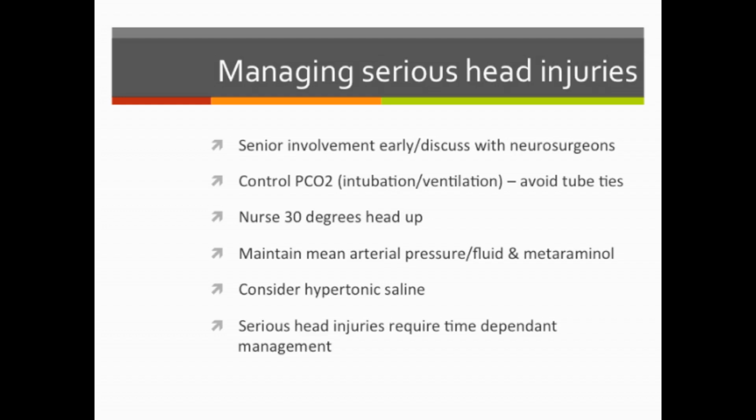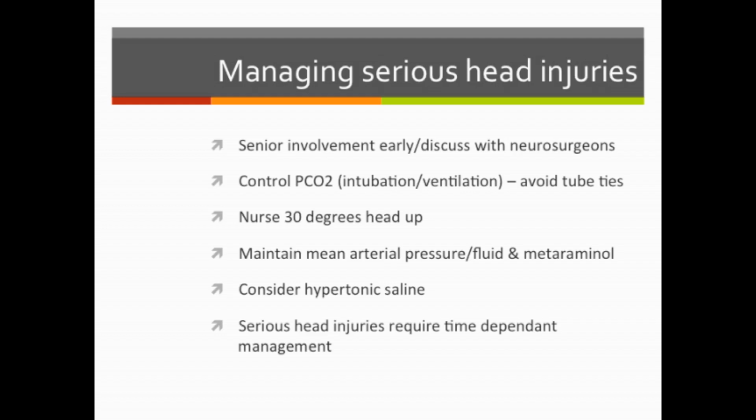We need to maintain the arterial pressure, and we can do that with fluid or blood products, and considering use of inotropic agents such as metaraminol. But most patients, especially if it's an isolated head injury, will have a raised mean arterial pressure anyway. But if a patient has something else going on, such as bleeding elsewhere, then it's important to maintain that mean arterial pressure.